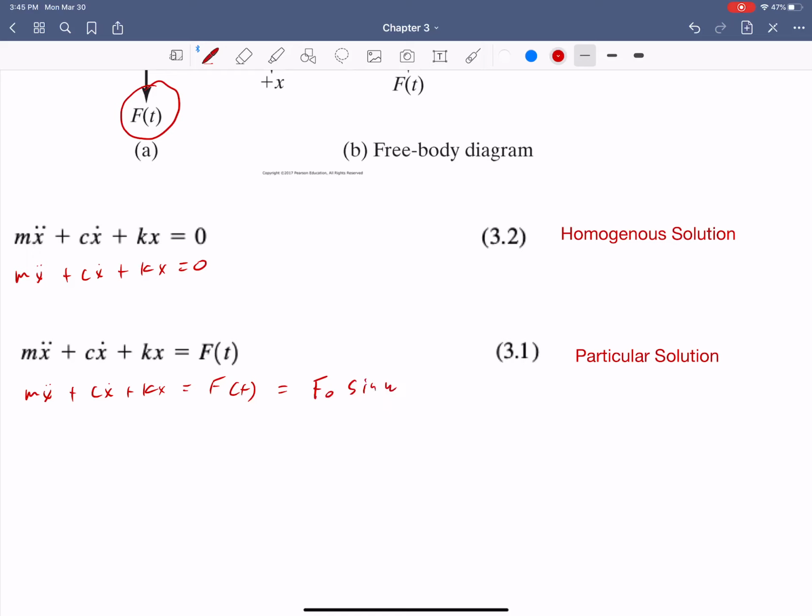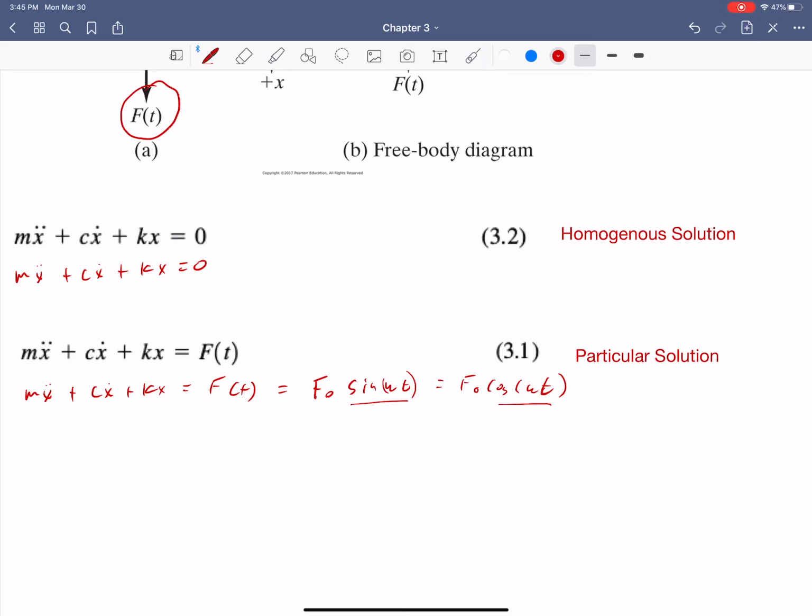This could be f naught sine omega t, or f naught cosine omega t. The important thing is that this force is harmonic, and it's varying with time in a harmonic manner. So what does that do to us?